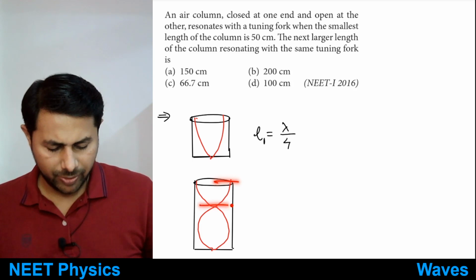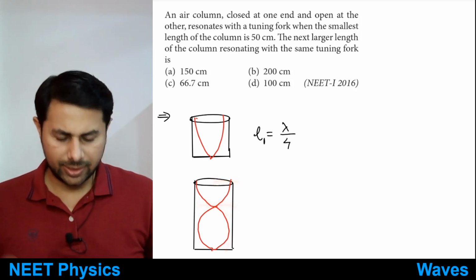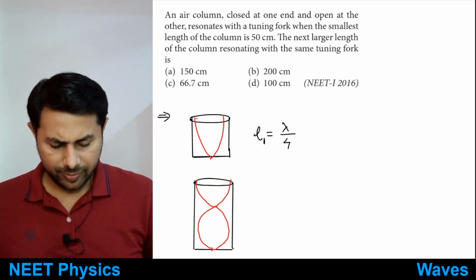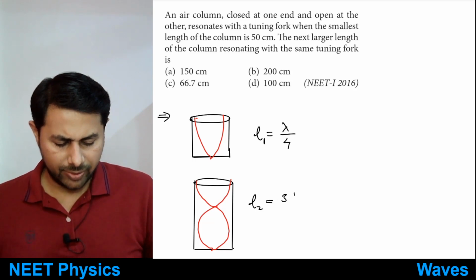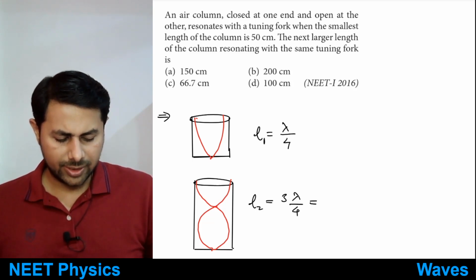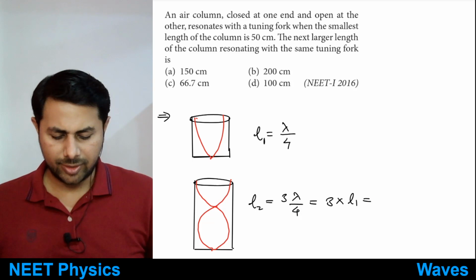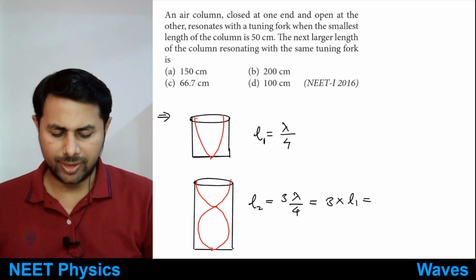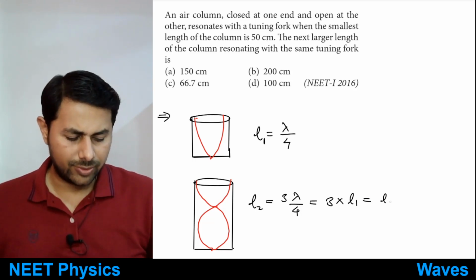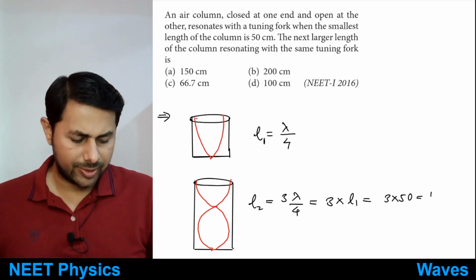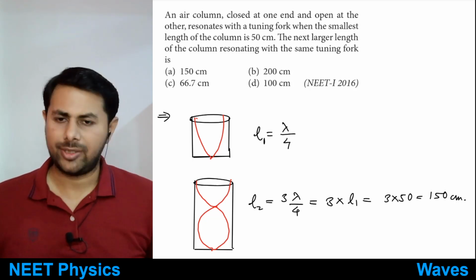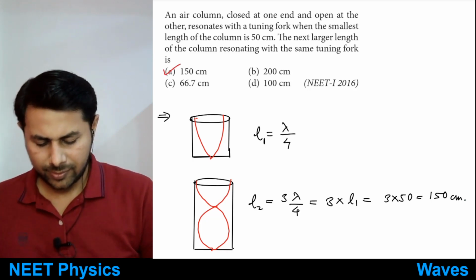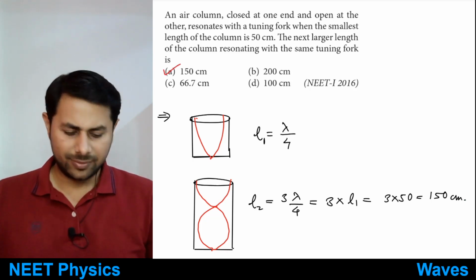This is lambda by 4 and this is lambda by 2, so that is 3 lambda by 4. So L2 is 3 lambda by 4. That means it is just 3 times L1. L1 is 50 centimeter, so L2 would be equal to 3 times 50. So it is 150 centimeters. This thing is clear.